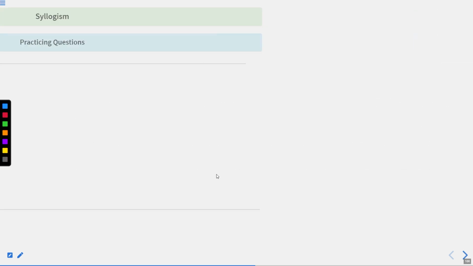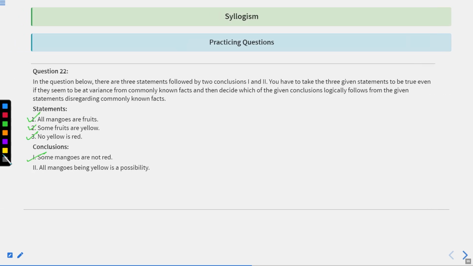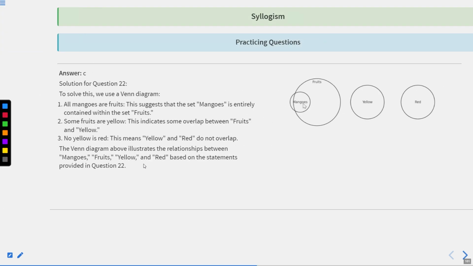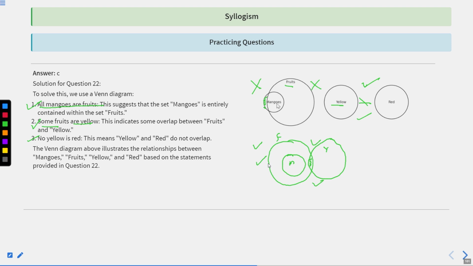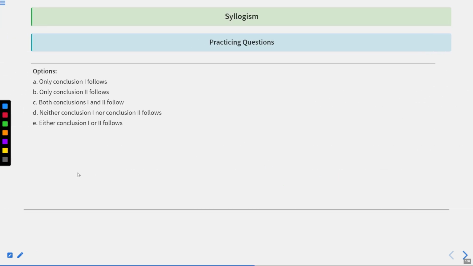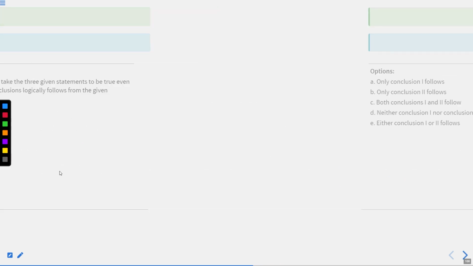If the diagram had shown all mangoes being yellow, then this particular statement would obviously have been false.